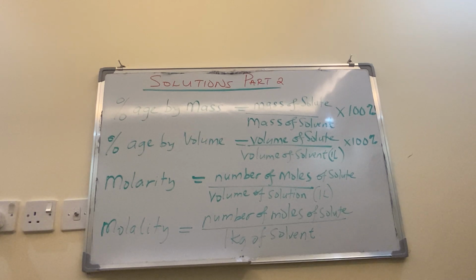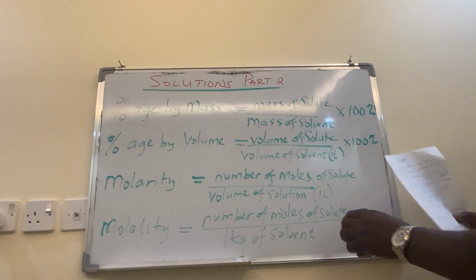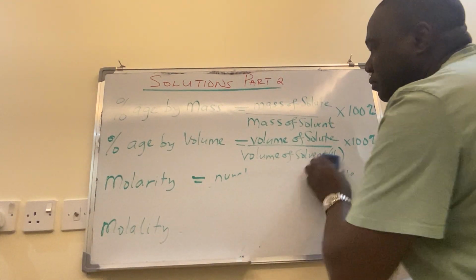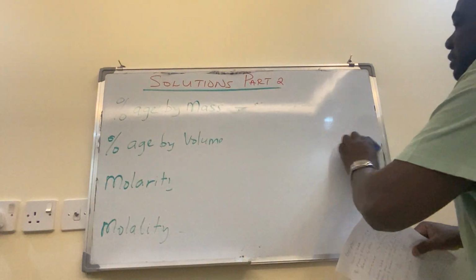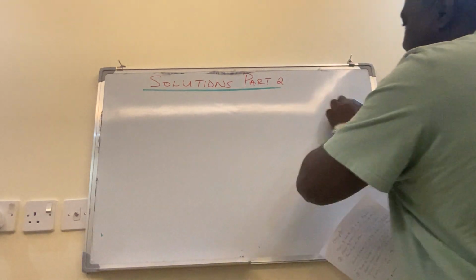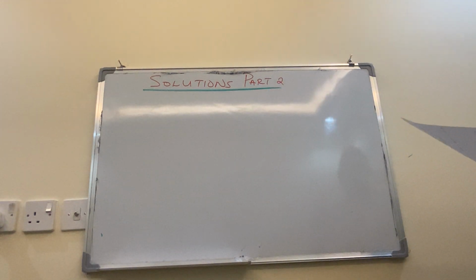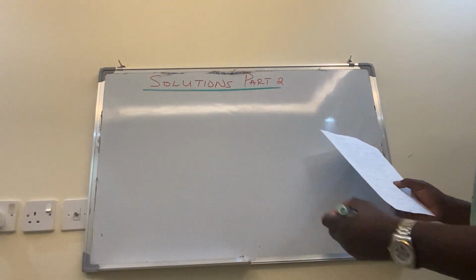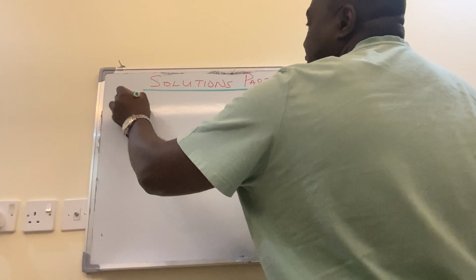Let's look at a solution that we have been given here. This was a question which came in one question paper I was looking at today. We want to look at percentage by mass. So I'm going to start by looking at the data that was supplied.